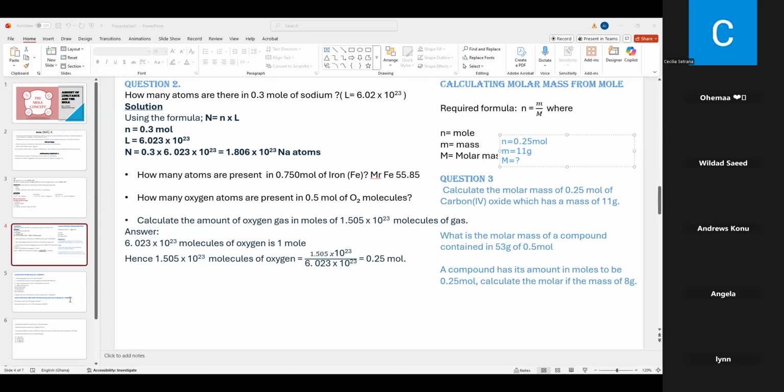Okay, who else has an answer? Is it Lynn? Yes, please. I had 106 gram per mole. 106 gram per mole. Okay. Mahu, did you also want to give an answer?